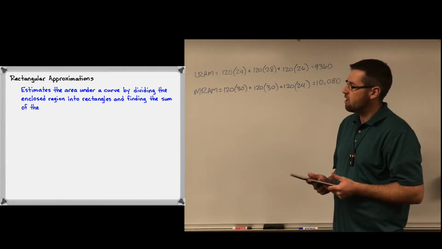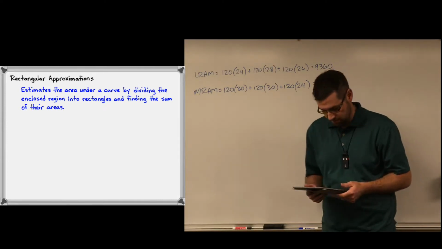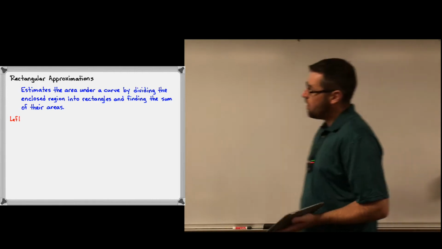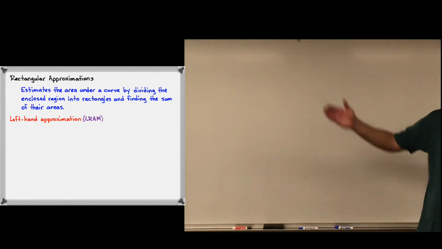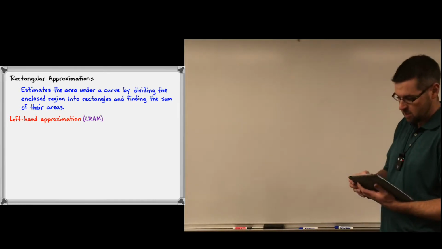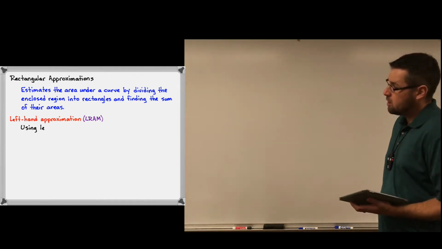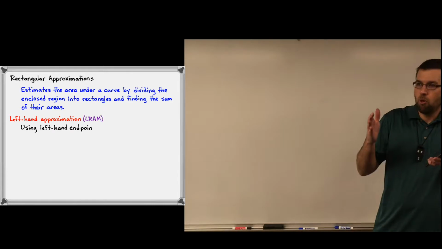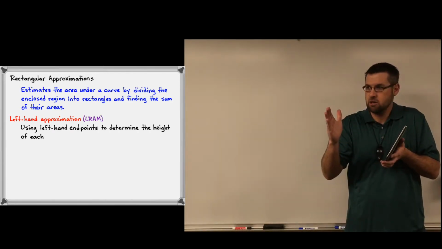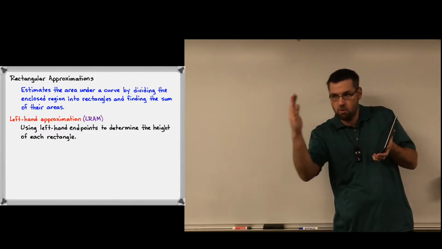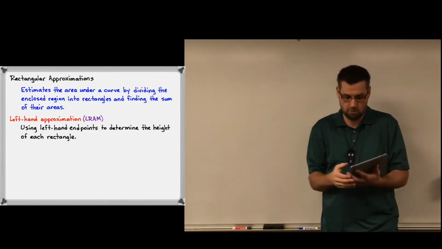And finding the area of each rectangle and then adding it up. All right. So when we say left-hand approximation, we abbreviate LRAM. Okay? It uses the left-hand points on the function's curve within that rectangle. You look at the rectangle, you look at the points that determine the heights, and you use the left-hand one, right?